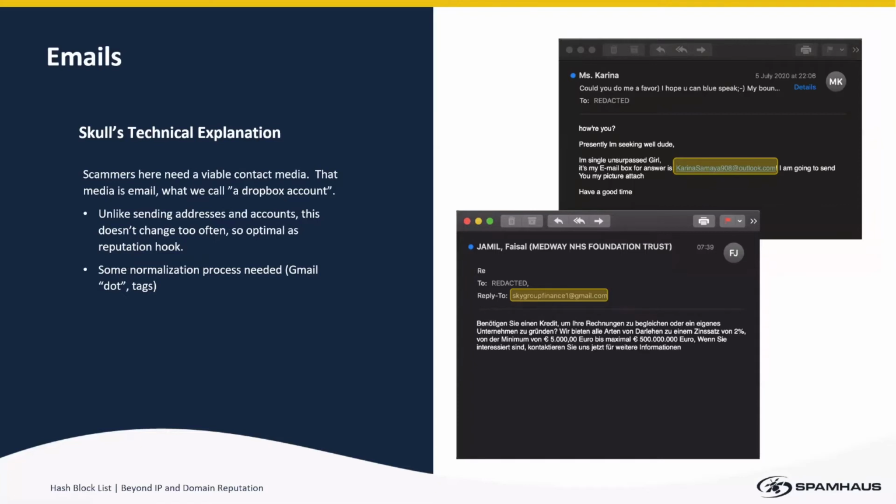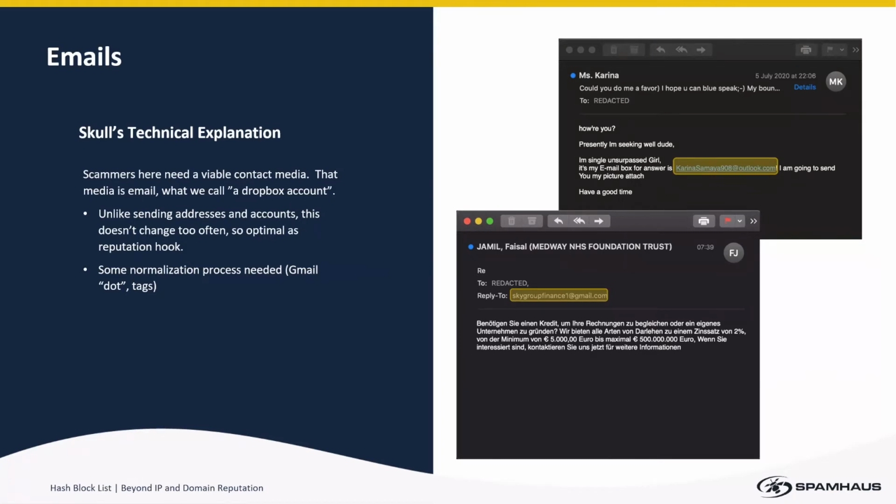Yes, again, as you said from the very beginning, this is something that other people, including some of us at Spamhaus, have been doing for quite a long time, just not at Spamhaus. And the focus on filtering out these types of communications is exactly on what we call in the industry Dropbox accounts. They serve a purpose, and that is why they're there.